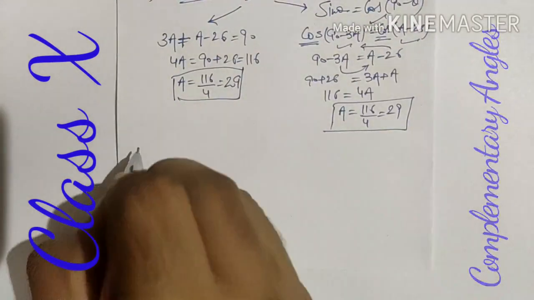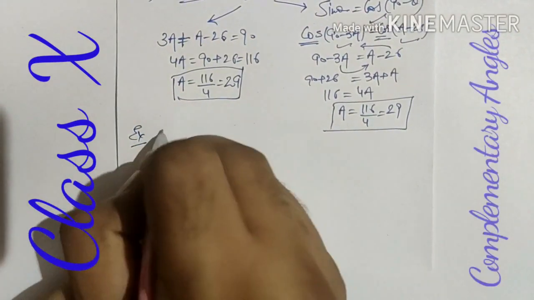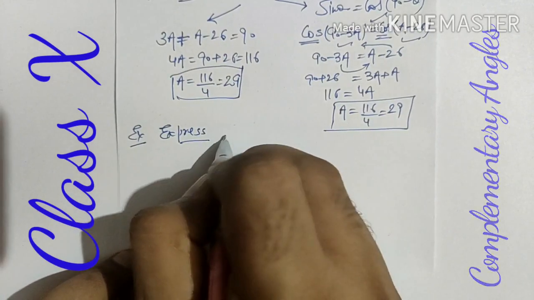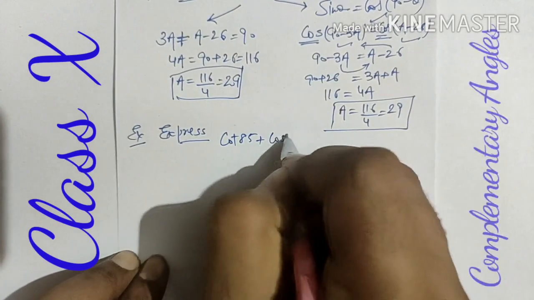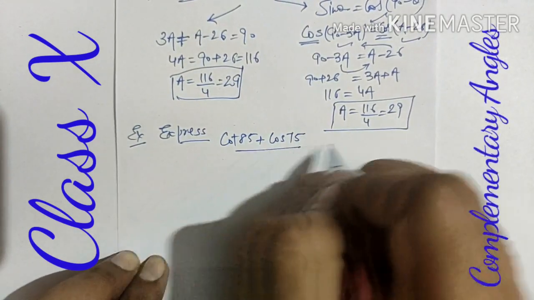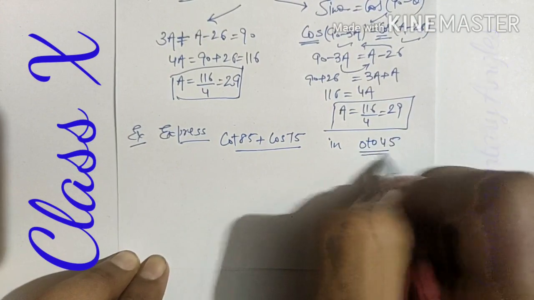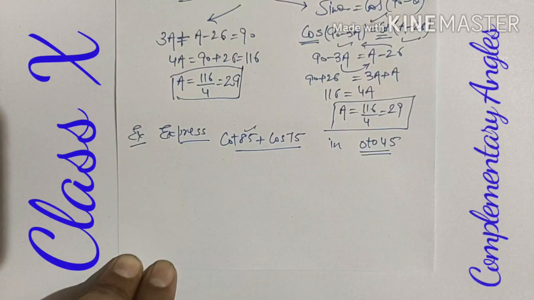Another example we are taking here. Here the example is: express cotangent 85 plus cos 75 in terms of angles from 0 to 45 degrees. This is the restriction. As you know, this is 85, we can convert it into the complementary.